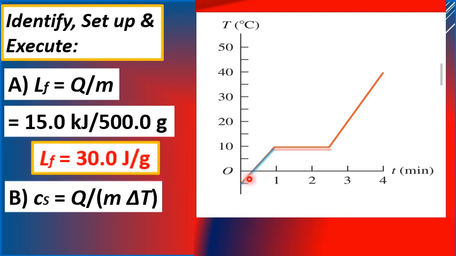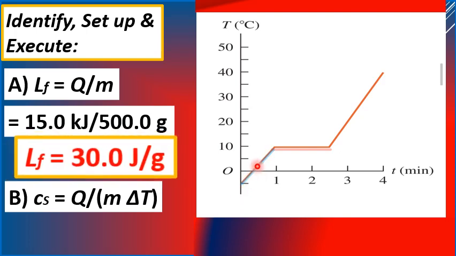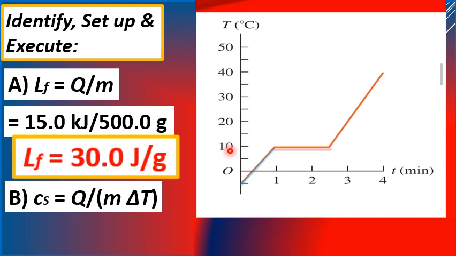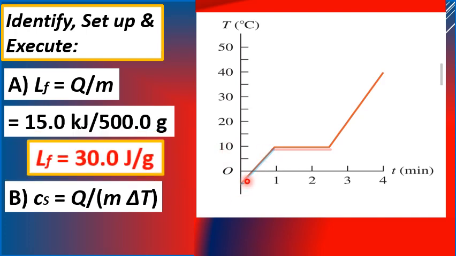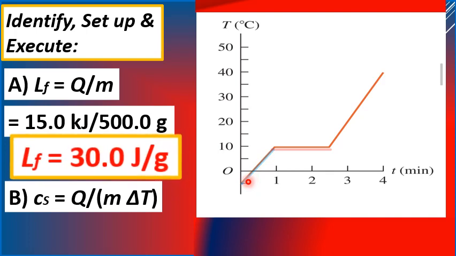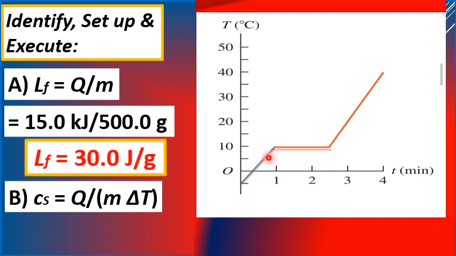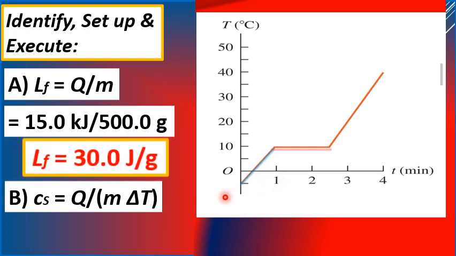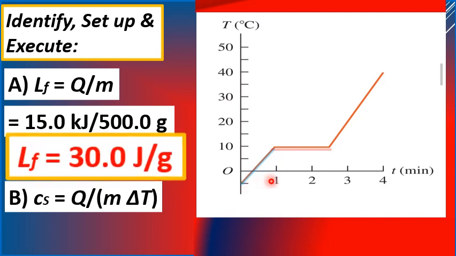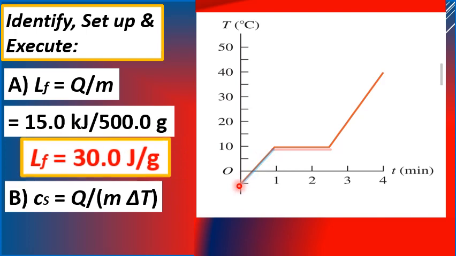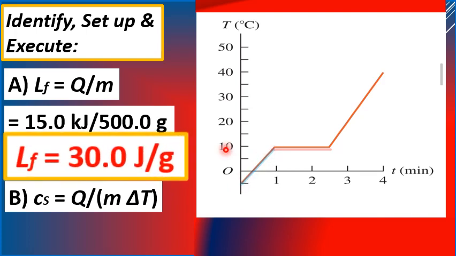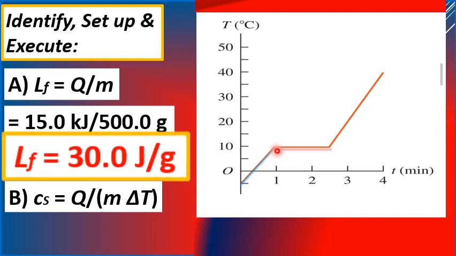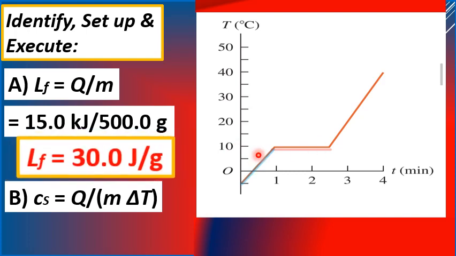When it's heated constantly for 1 minute until its temperature rises to 10 degrees Celsius, the straight diagonal graph line suggests that it is absorbing an amount of energy corresponding to 10.0 kilojoules, until the temperature reaches 10 degrees Celsius, which we said earlier is apparently the melting point of the substance.